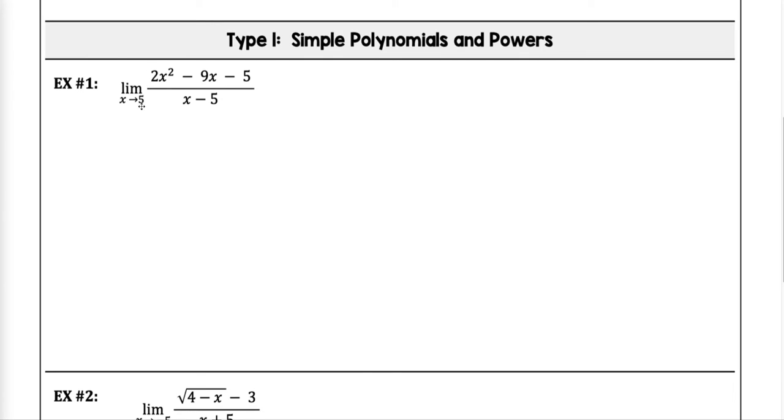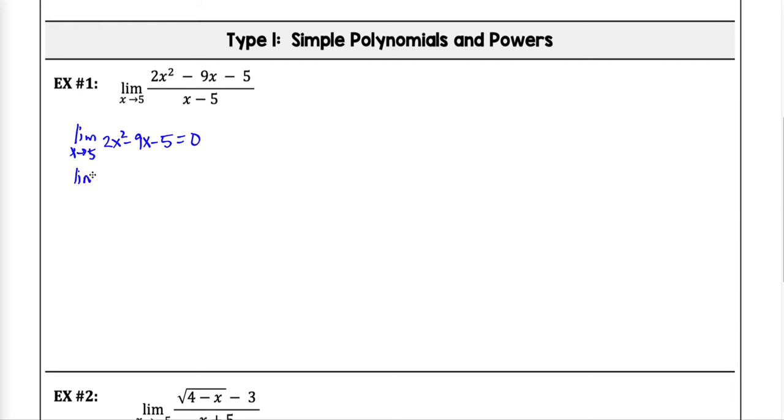So if we plug 5 in, we're going to find that we have 50 minus 45 minus 5, which is 0, over 5 minus 5, which is 0. So the way that you're going to have to write this is you have to say the limit as x approaches 5 of 2x squared minus 9x minus 5 equals 0.